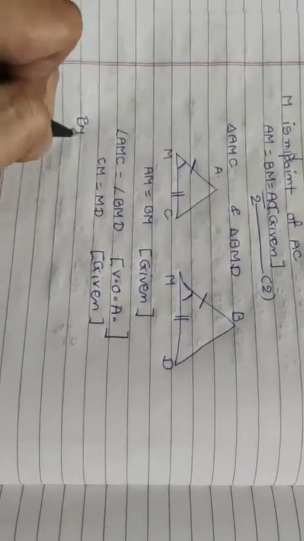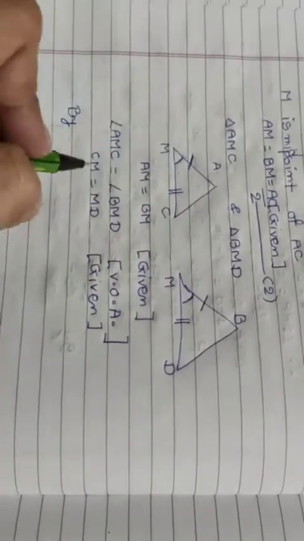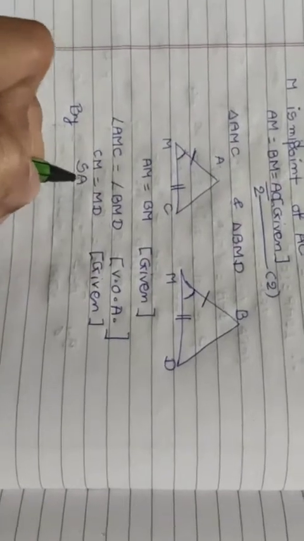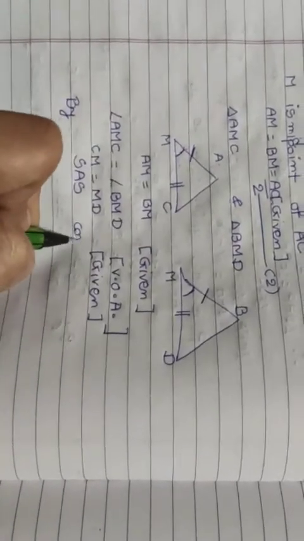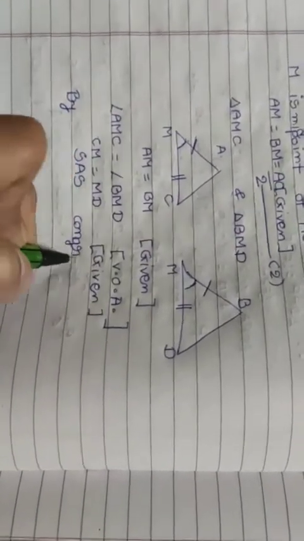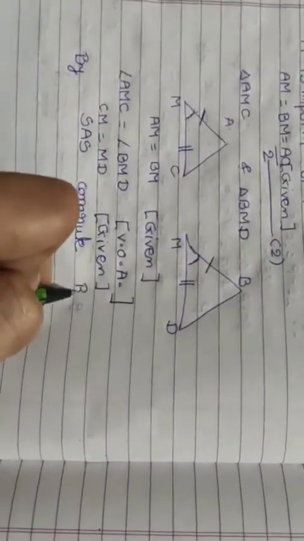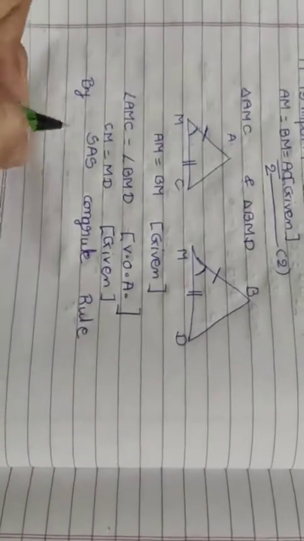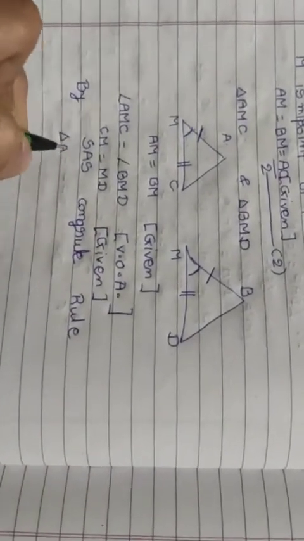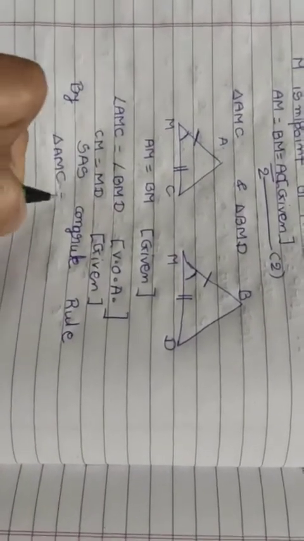So two sides and the included angle are there, so by the SAS congruence rule, triangle AMC is congruent to triangle BMD.